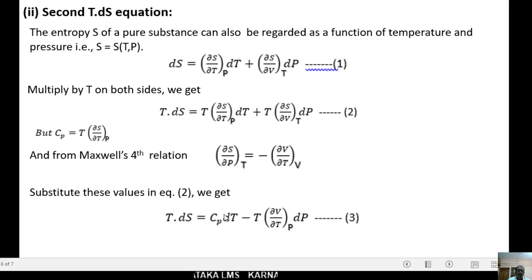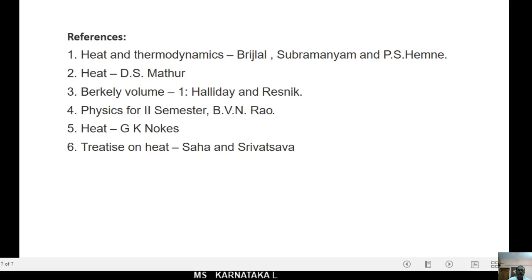This equals T (∂S/∂T) replaced by Cp, dT as it is, minus, because ∂S/∂P is written as minus ∂V/∂T, this one dP. Let it be equation 3. This is the second TdS equation. Thank you.